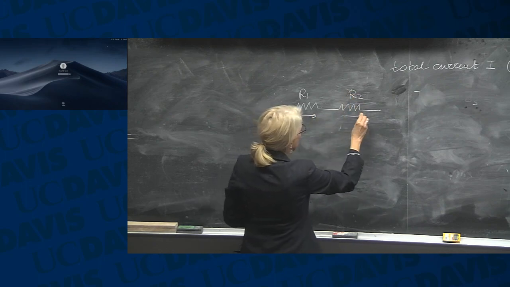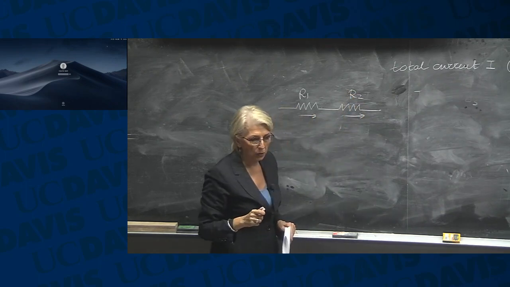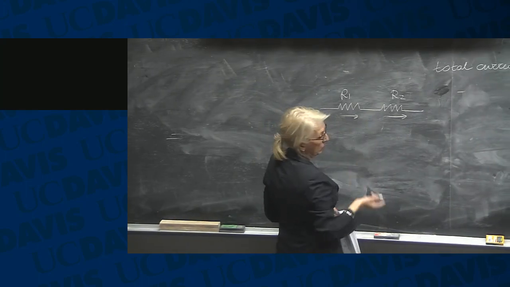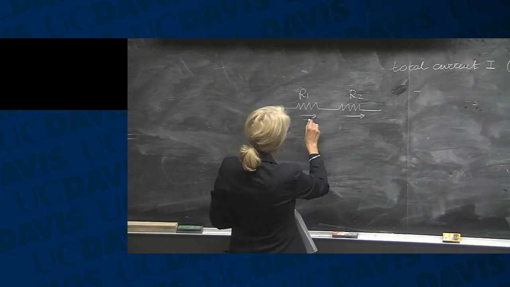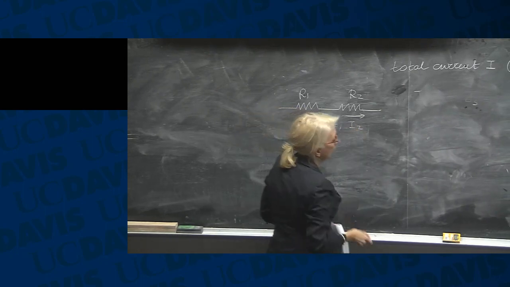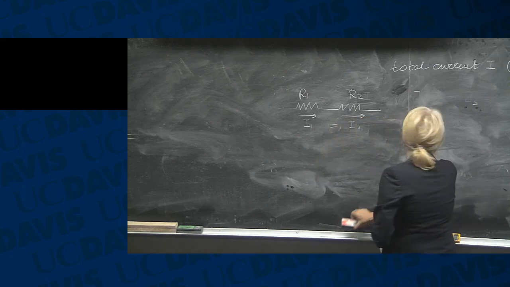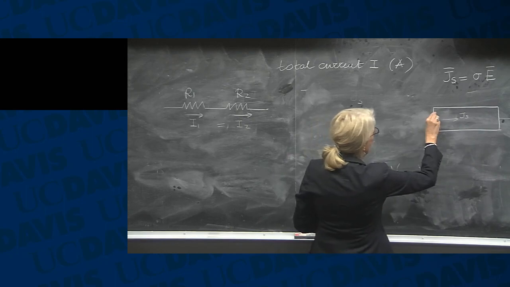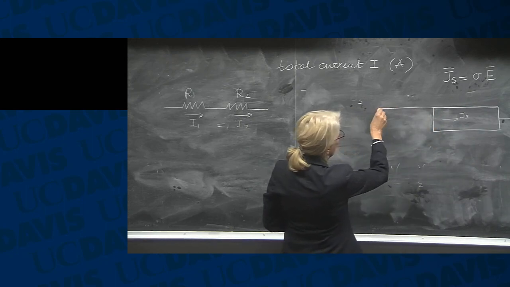What is the fundamental assumption you make about the current that goes through? It's continuous. The voltages across are different, but the currents that go through are continuous. How about if now I materialize those resistors as two blocks of two different resistive elements?